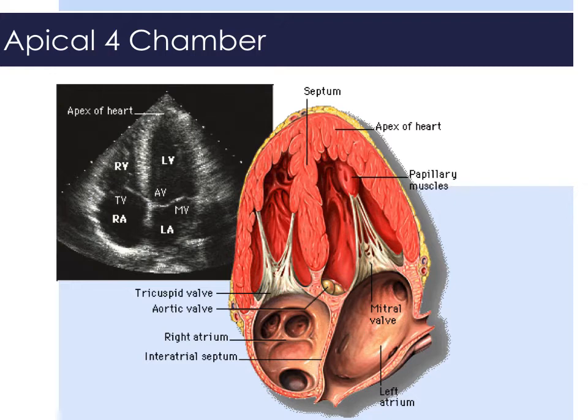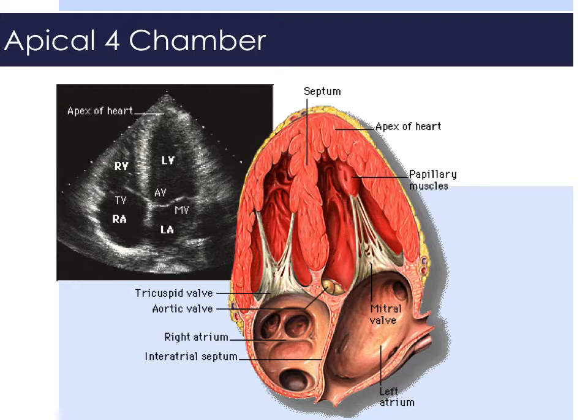assess all the four chambers of the heart, with the left ventricle in all its length, from the base to the apex, the anterolateral wall and the inferoseptal wall, the right ventricle, the left atrium and the right atrium.